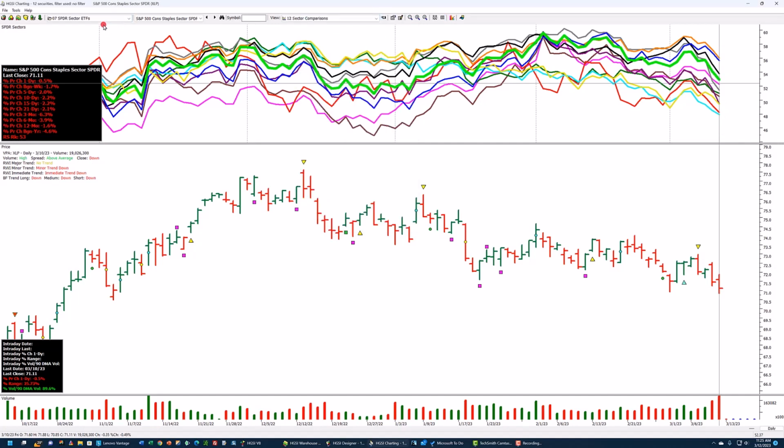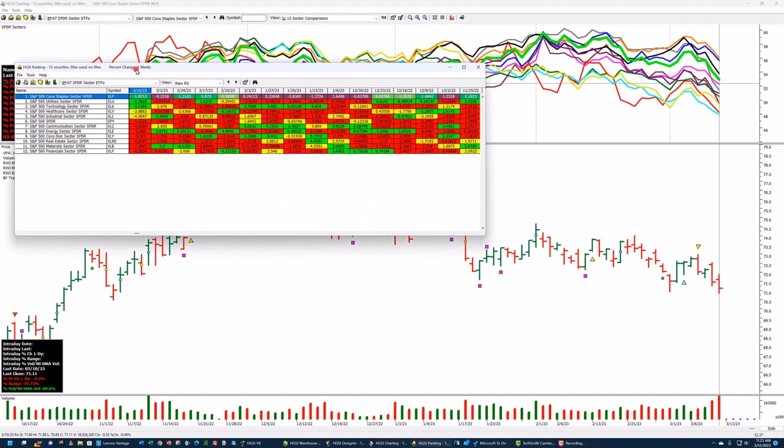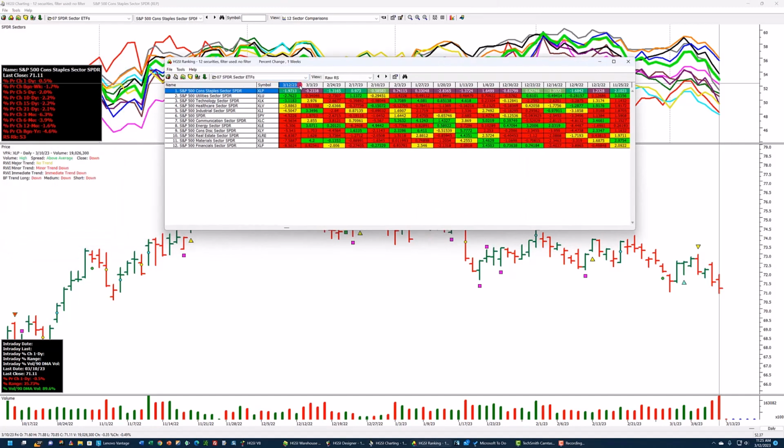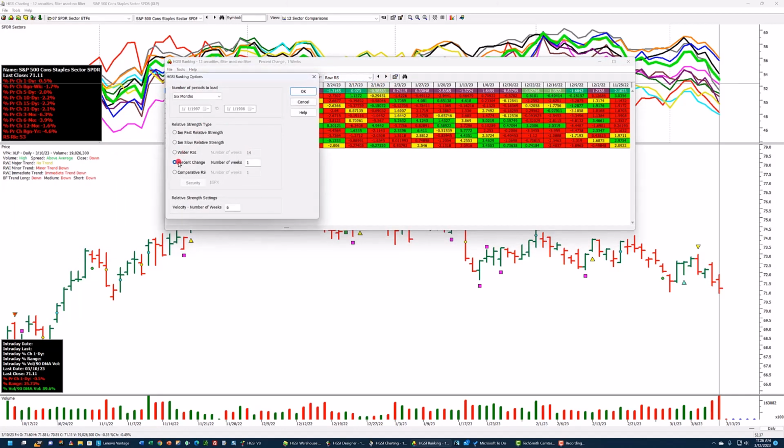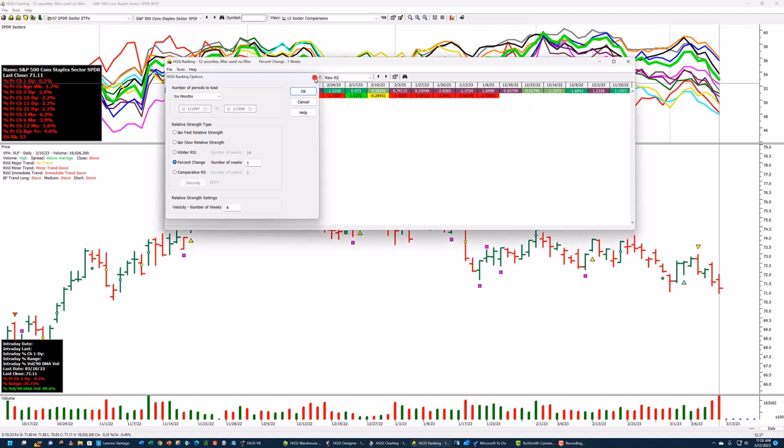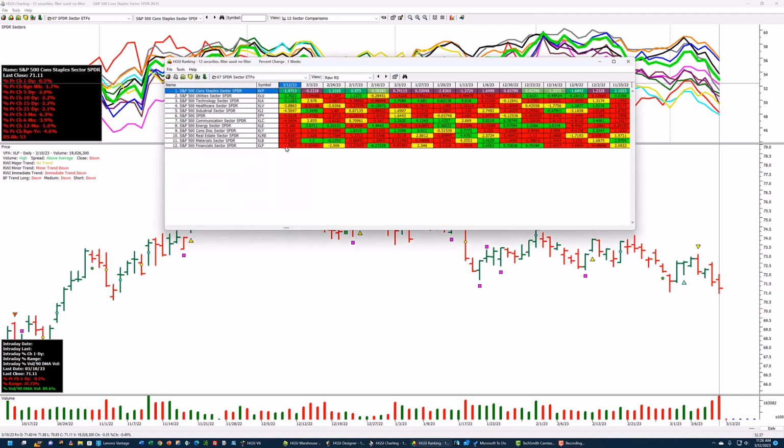Or another tool we have is the ranking module. You just click on the ranking module right here. I'm on raw relative strength, and I am using percent change 1 week, and it tells me how much these fell during the week.